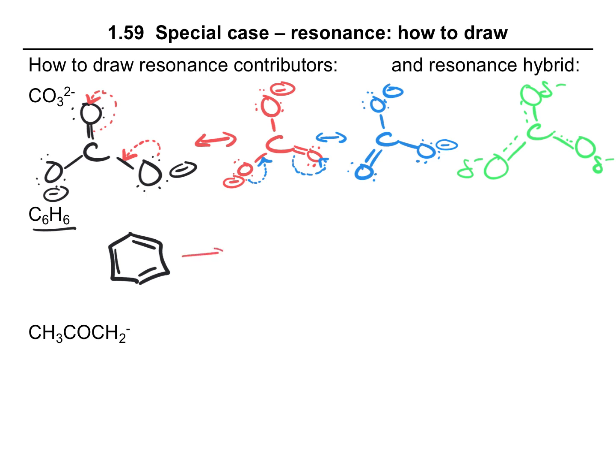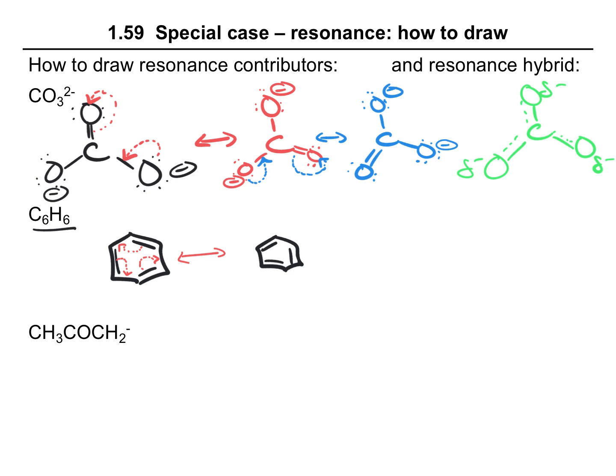Well, let's draw another resonance structure, but to get there, we want to imagine that these electrons move here, at the same time as these electrons move here, at the same time as these electrons move here. So our other resonance contributor would have a double bond here, a double bond here, and a double bond here.